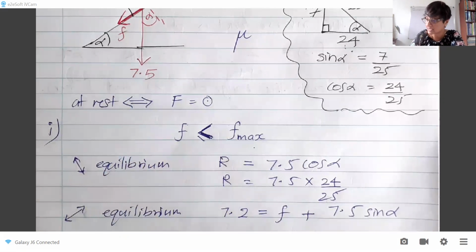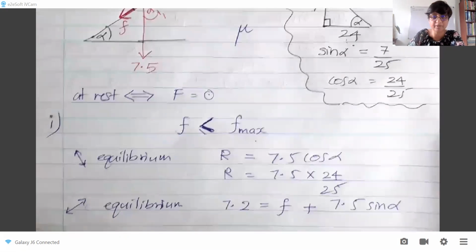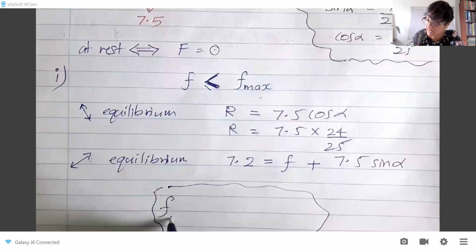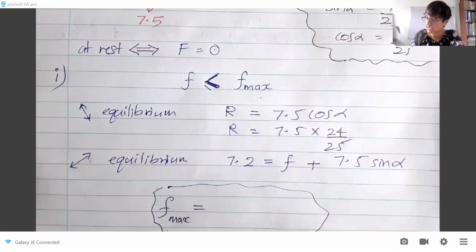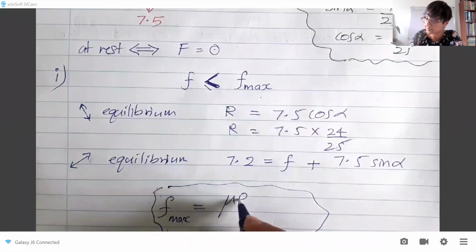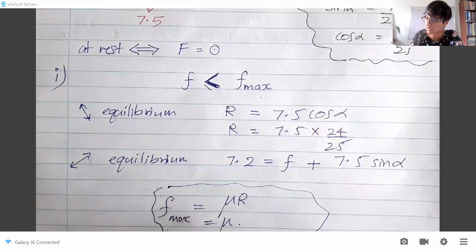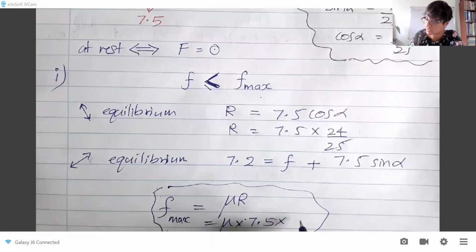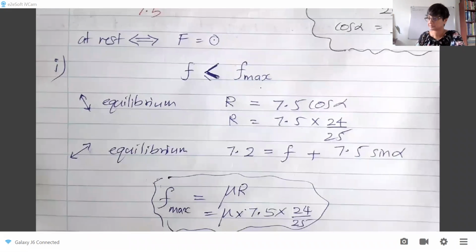But what is F max? Let me find F max somewhere here in a little bubble. F max is mu R, that is mu times R. R is 7.5 times 24 over 25, so F max is mu times 7.5 times 24 over 25. Okay, that's what F max is.